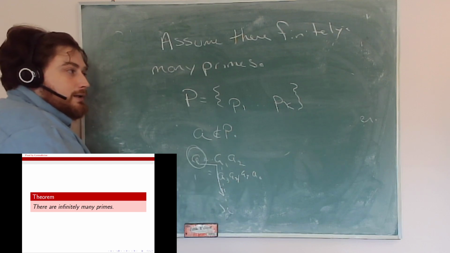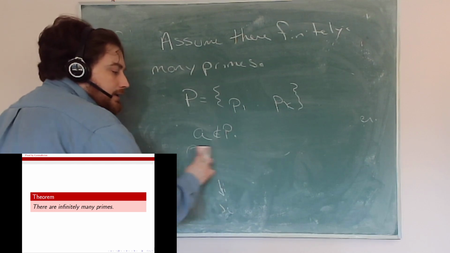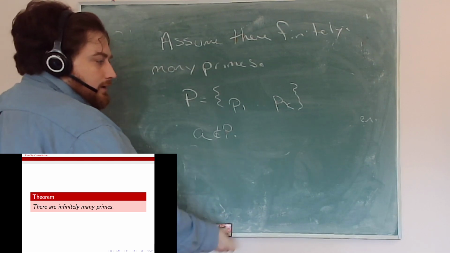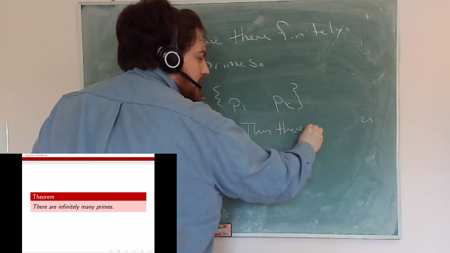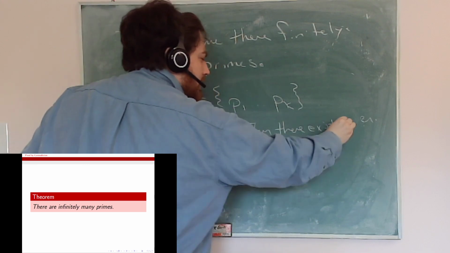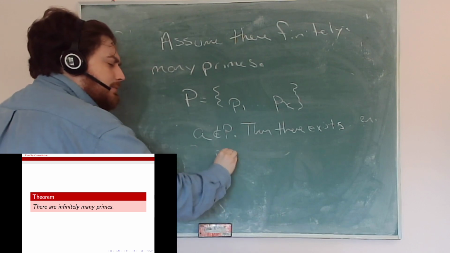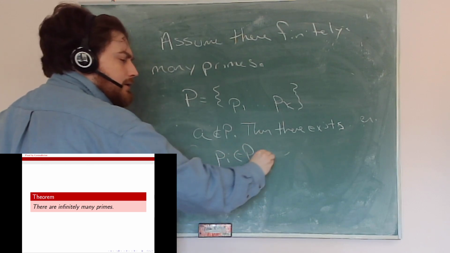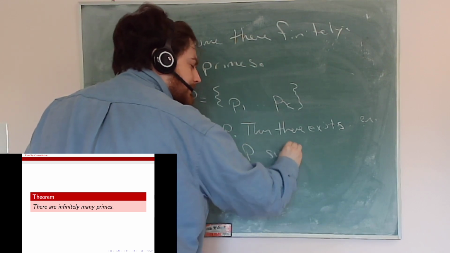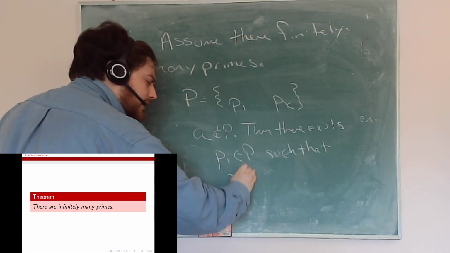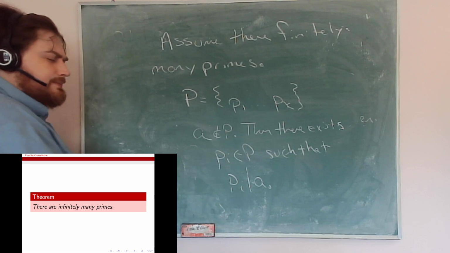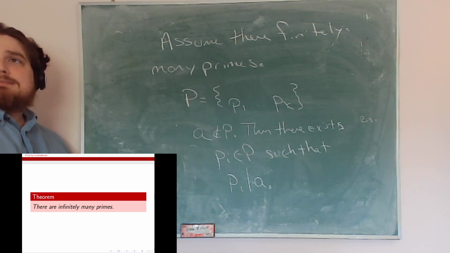So what does that mean? It means that if A is not in P, then there exists a P sub i in P, or some prime number, such that P sub i divides A. Because if I were to get to a prime, I can't factor anymore.